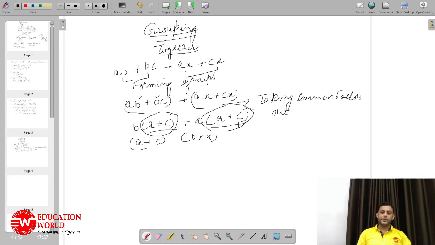It means your grouping is wrong, or the common factors you took out are wrong, or something is wrong. Until these two brackets are the same, you cannot say that your grouping is correct. These two brackets will always be the same.